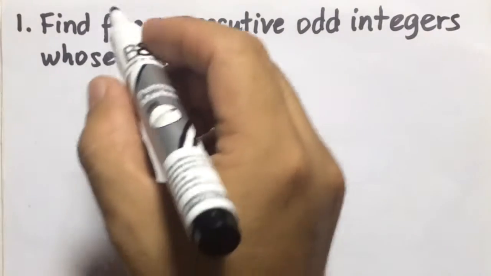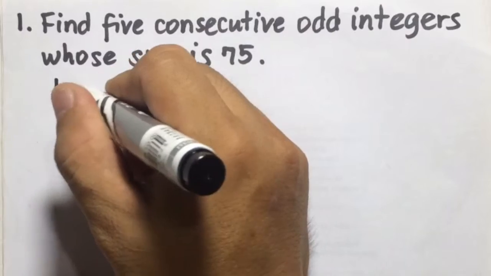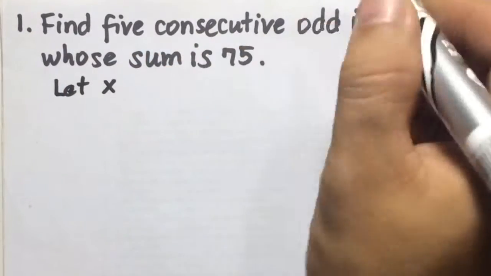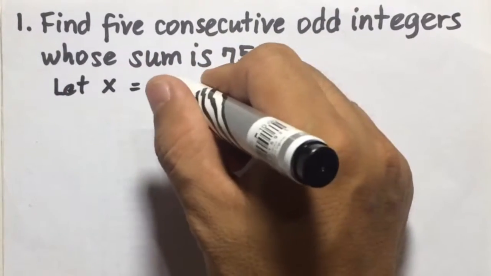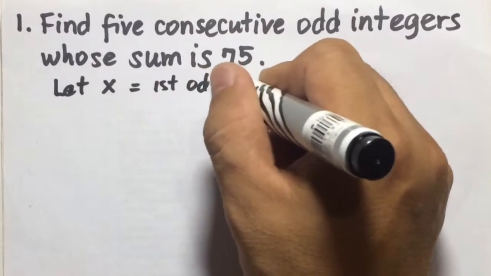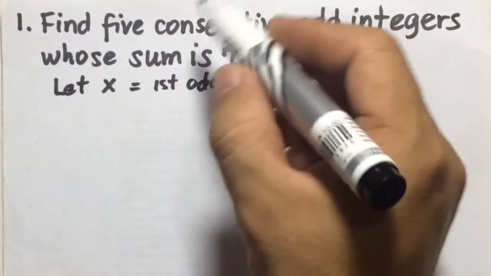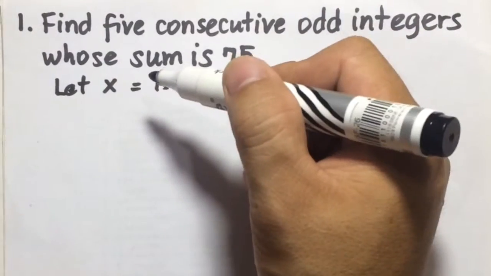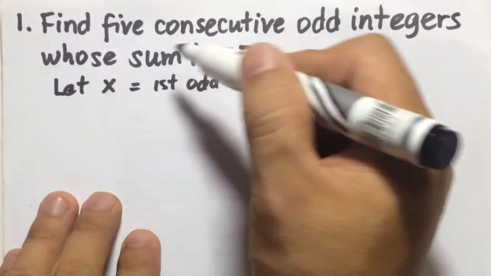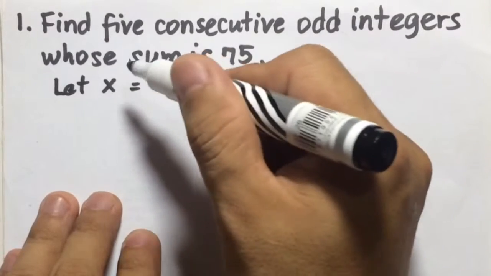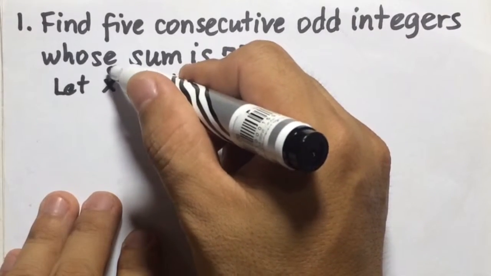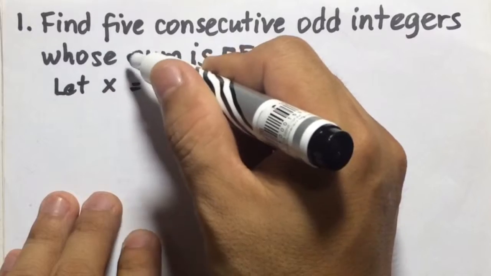So we can let x be the first odd integer. If we have x as our first odd integer, the next odd integer will be x plus 2. For example, if we have 1, the next odd integer will be plus 2.